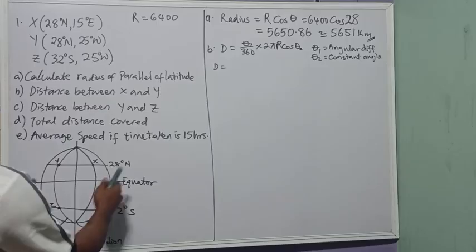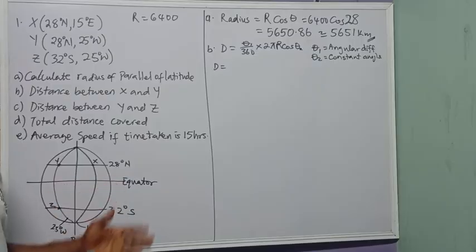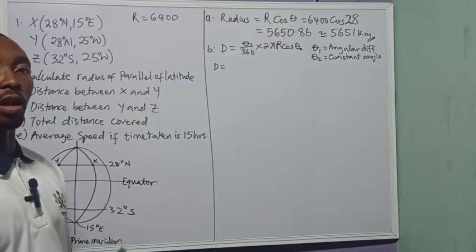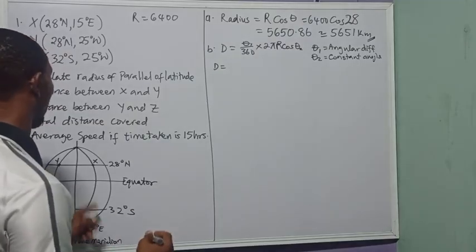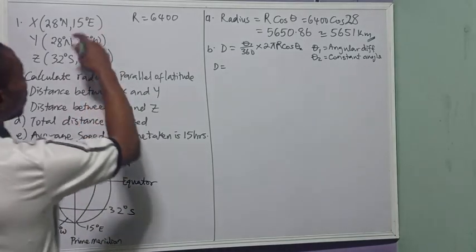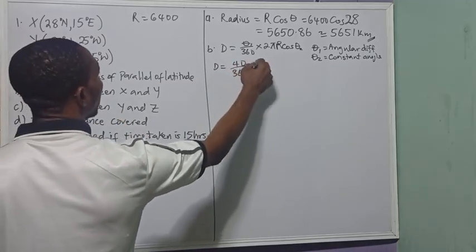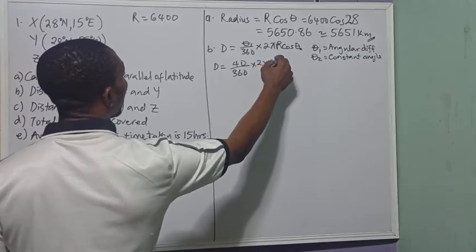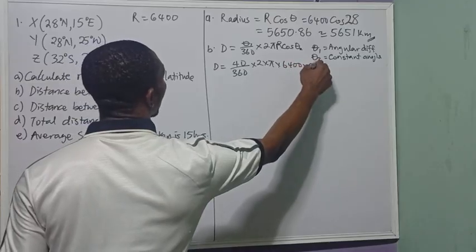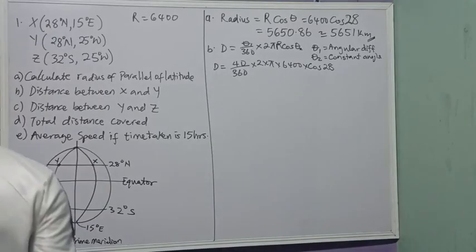Now, since they are on different sides of the globe, west and east, we add. If they are on the same side, we subtract. So since they are on different sides, we add. That will be 15 plus 25, giving us 40 all over 360 times 2 times pi times 6,400 times cos 28, since that is what's constant among them.